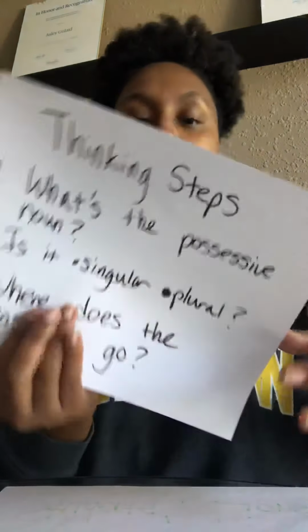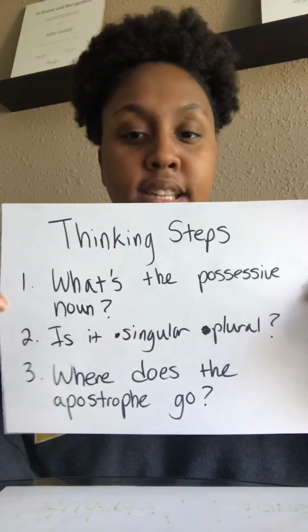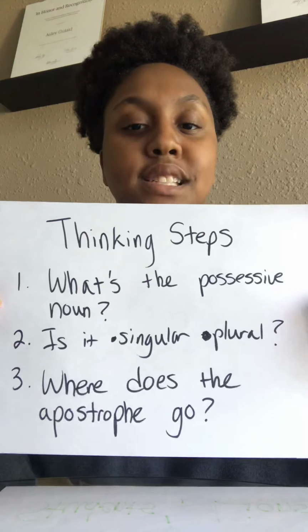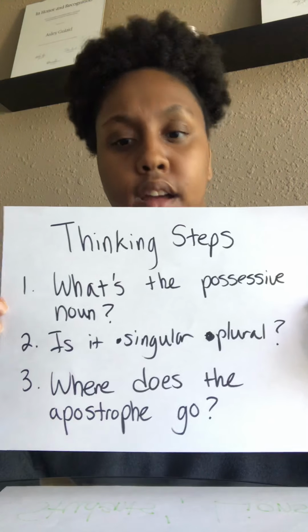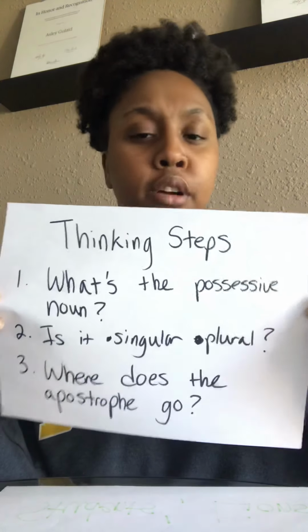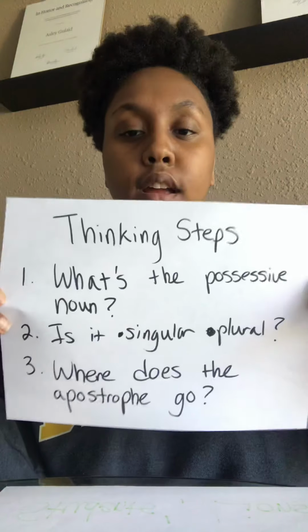Now, what are some thinking steps to help me know if it's singular or if it's plural? Some thinking steps. Number one: what is the possessive noun? What's the possessive noun in that sentence? Look for the noun that owns something.